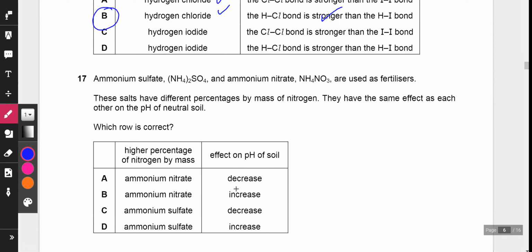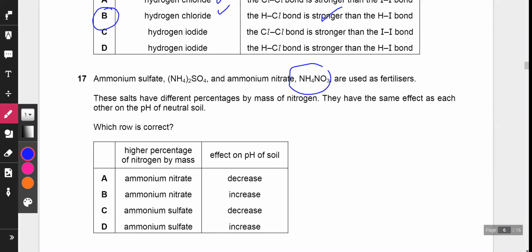Next there's ammonium sulfate and ammonium nitrate, and they are used as fertilizers. These salts have different percentages by mass of nitrogen. They have the same effect as each other on the pH of neutral soil. Which row is correct? So, higher percentage by mass of nitrogen. You can calculate this, or you can simply make an intelligent guess.